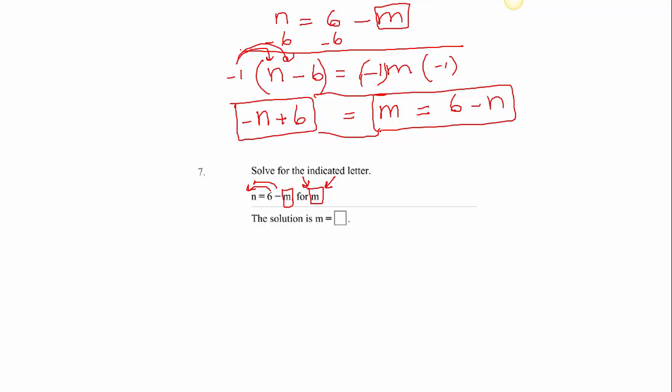So this is how we solve for m. We just move the 6 to the left by adding negative 6 to both sides, and then we either divide by negative 1 or multiply by negative 1 to get the final answer. So the final answer here is m equals 6 minus n, or negative n plus 6.